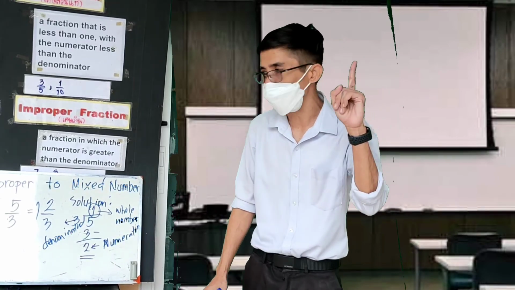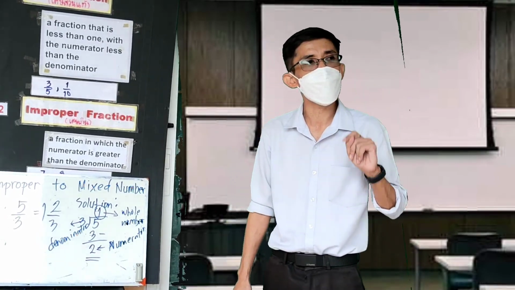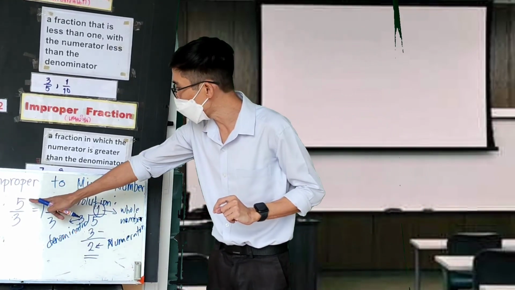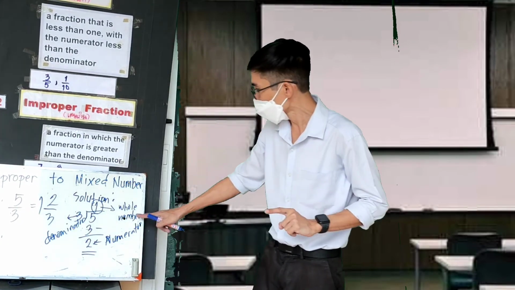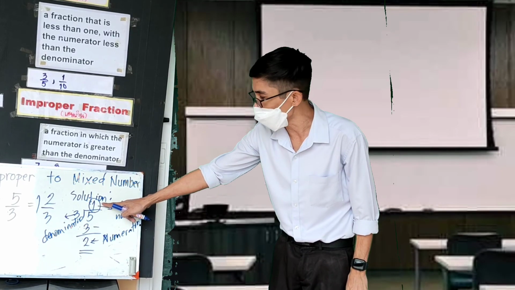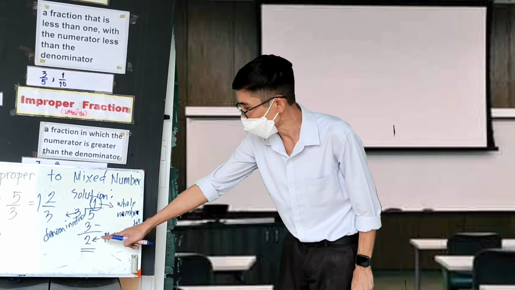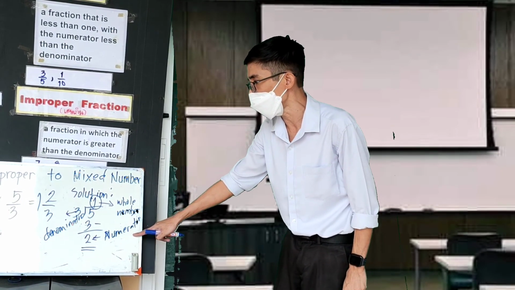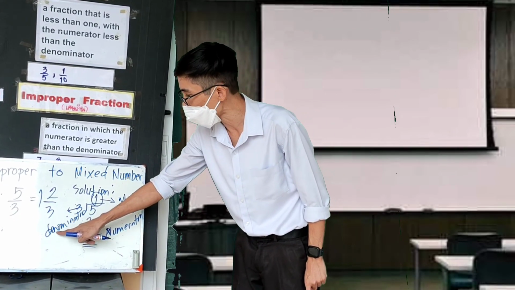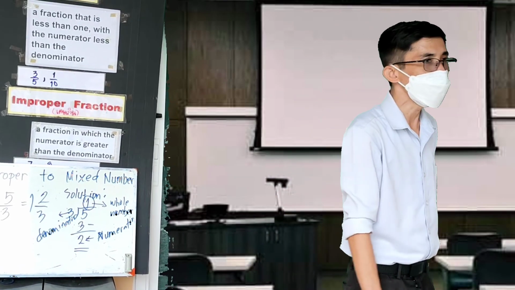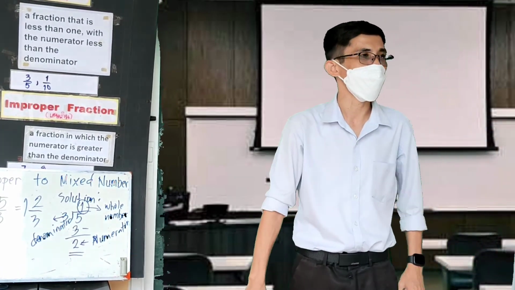Okay? So students, kindly take note. This is the only step that you need to do. You need to divide the numerator by the denominator, and the quotient will become the whole number, the remainder will become the numerator, and the divisor will become our new denominator.